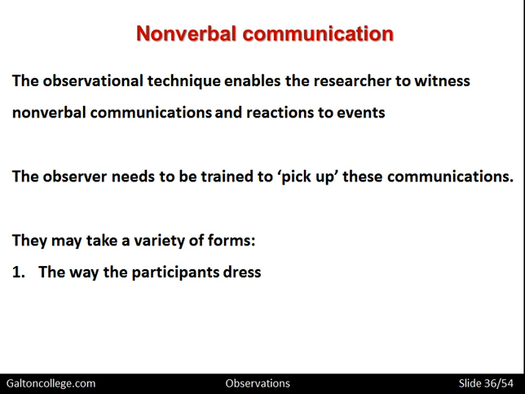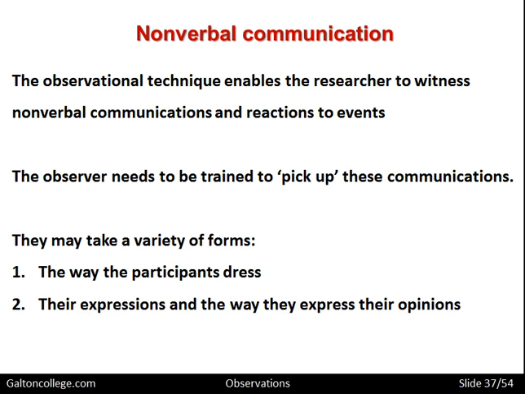They may be more outgoing, whereas others may be more confined to the office. Their expressions and the way they express their opinions may be different. Some people may be very open and very animated in their responses, whilst others may be very quietly spoken and timid. Maybe that's a function of the type of activities they work at.